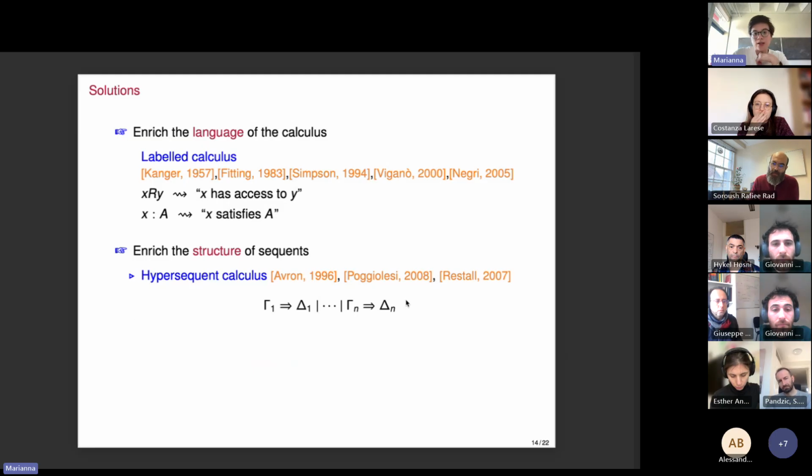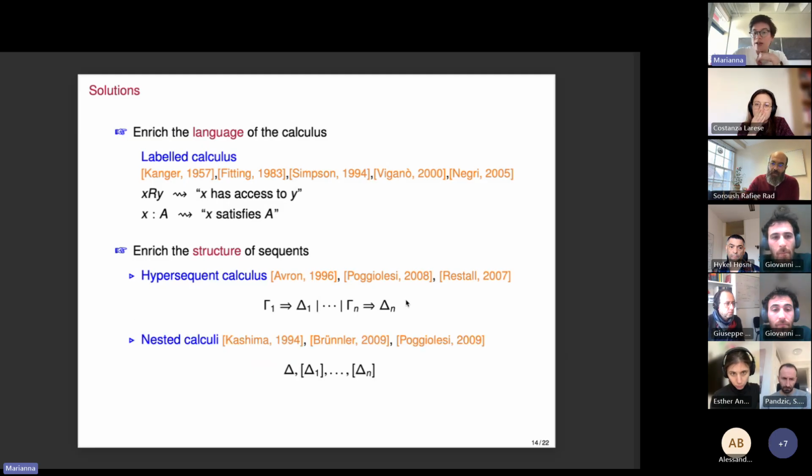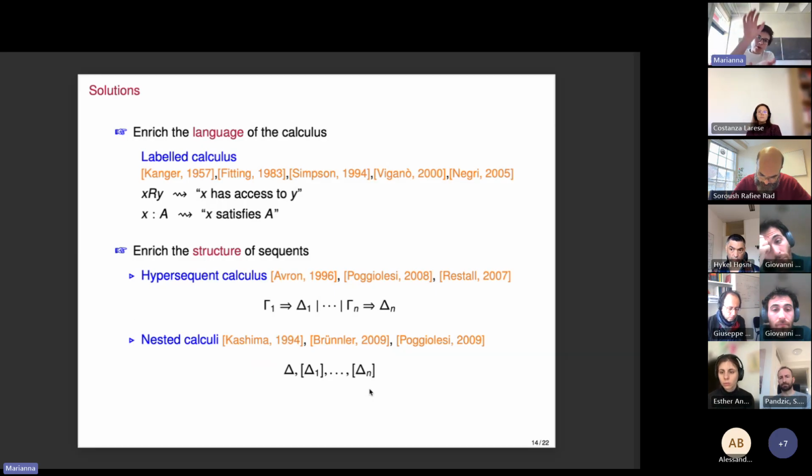And here you can find things such as hypersequents or nested sequents, where your sequent is not just going to be a multi-set of formulas in the antecedent and a multi-set of formulas in the consequent, but in hypersequents you have a multi-set of sequents, and in nested sequents this is basically encoding a tree of sequents. So both approaches, enriching the language or enriching the structure, are ways to have much more information in your sequents than you would with a Gentzen-style sequent.